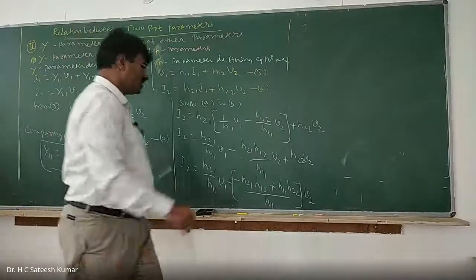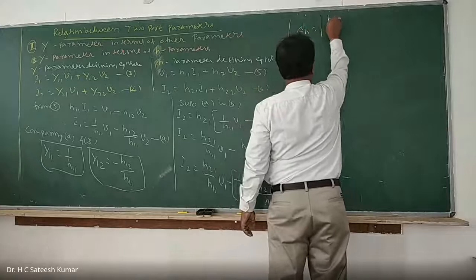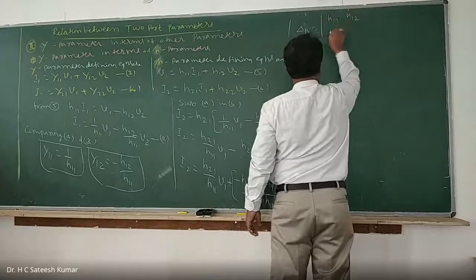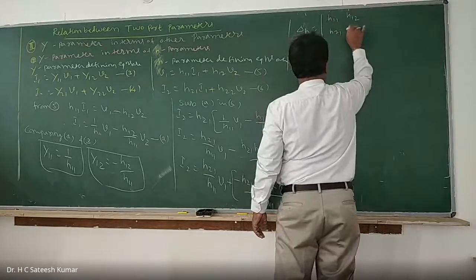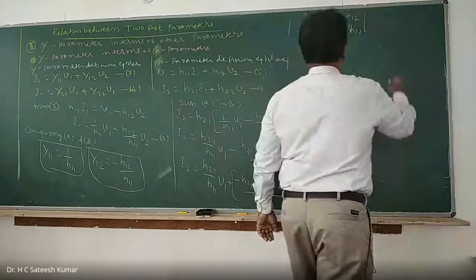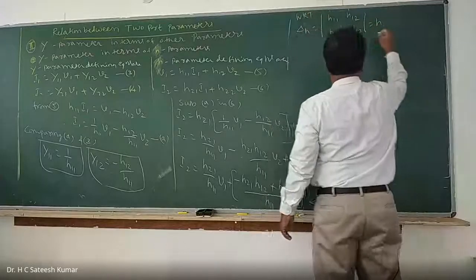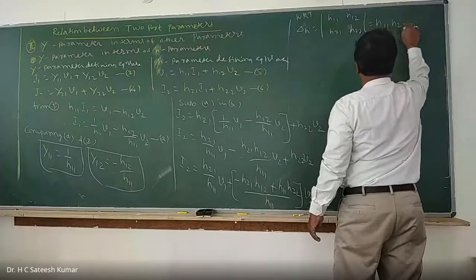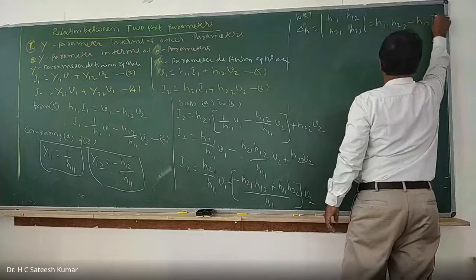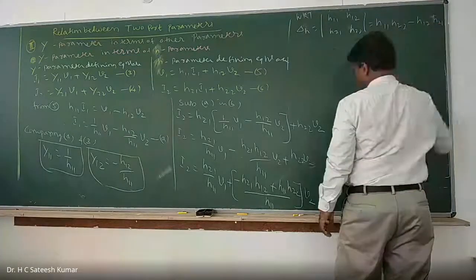Now, what is delta H? Delta H is the determinant of H11, H12, H21, H22, which is H11 into H22 minus H12 into H21. Now what do we have?